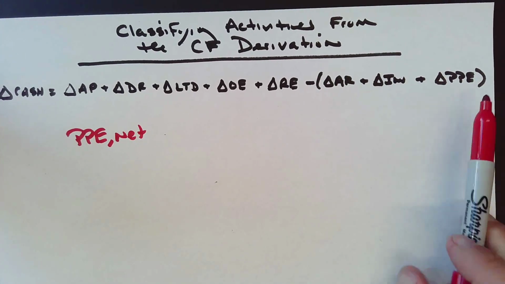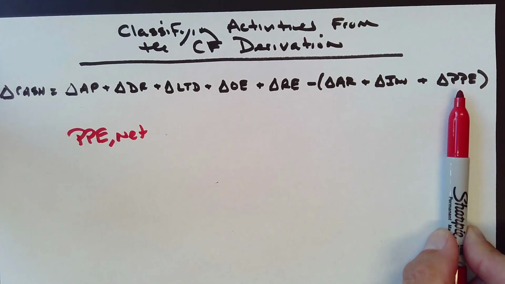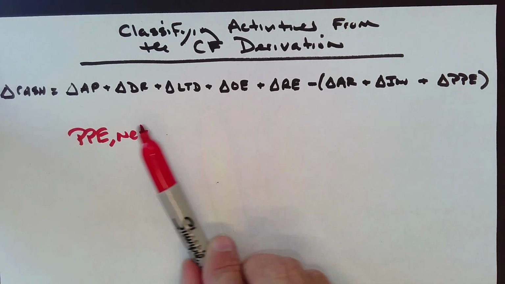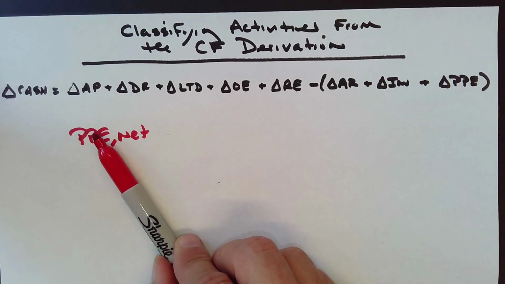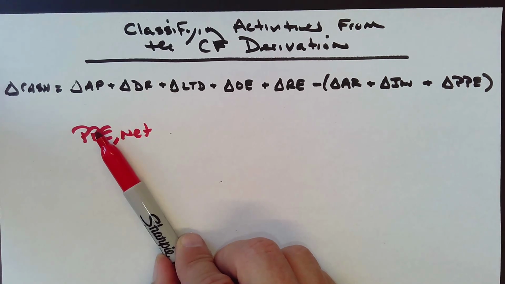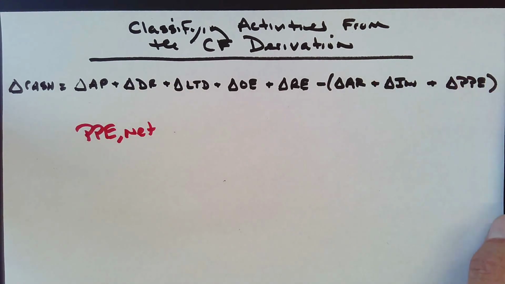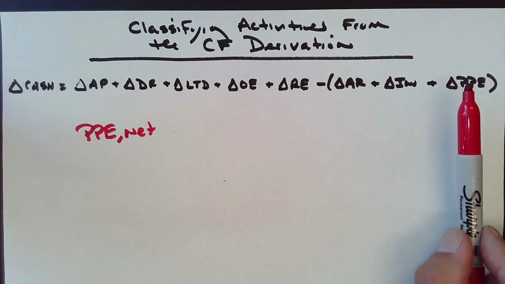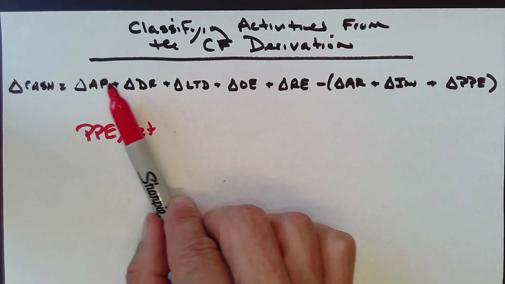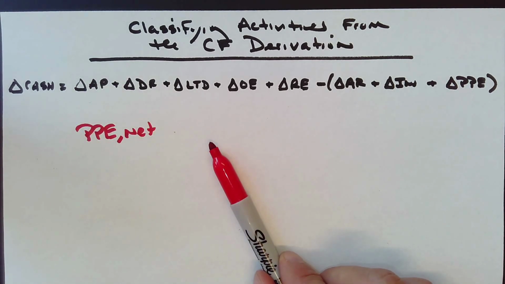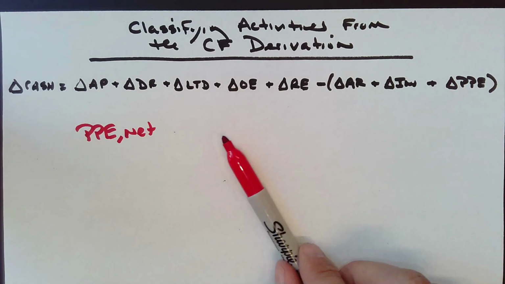Now you can split this out and say I've got PP&E and I've got accumulated depreciation. I don't care, but I'm going to do it all combined. Just trying to get you to think laterally about what happens when you have it net, and trying to figure out what are all the things that could make it change.